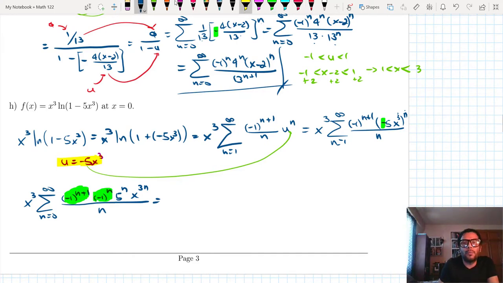And I'm going to incorporate at the same time this x cubed inside here to multiply with this x term. So sigma n equals, no, not 0, by the way. This is supposed to be a 1. Let me fix that in the previous steps.